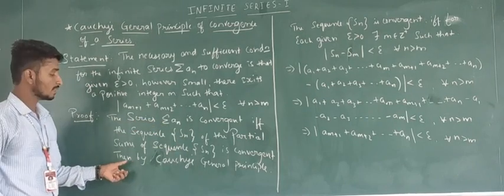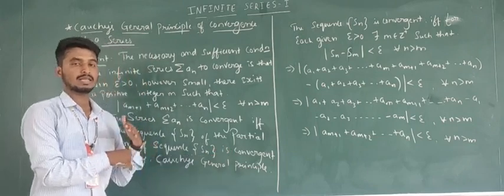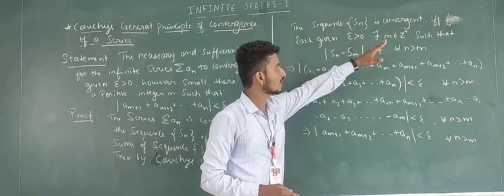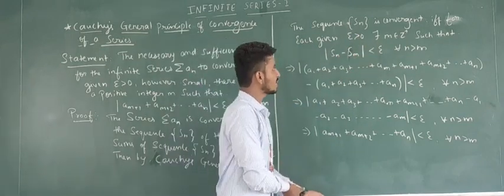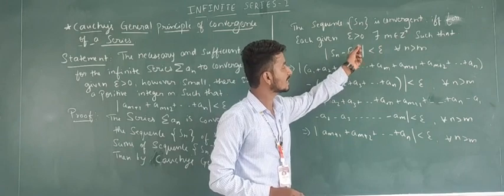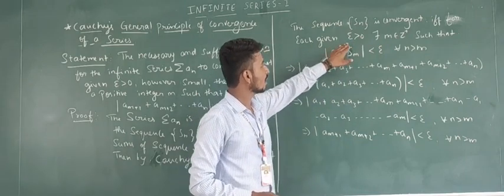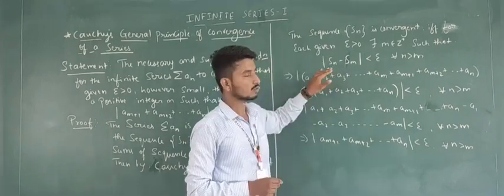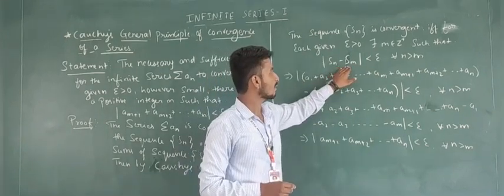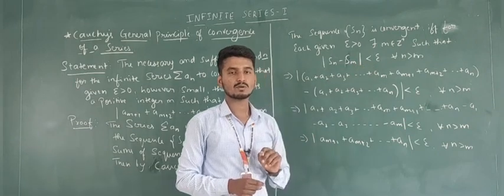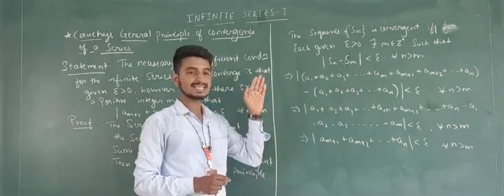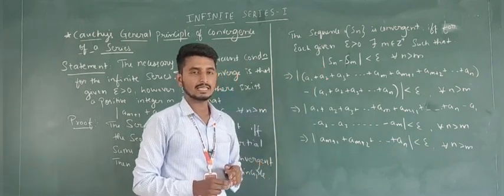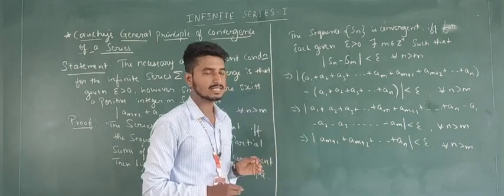Then by Cauchy's general principle, the sequence Sn is convergent if and only if for each given epsilon greater than 0 there exists a positive integer m such that the modulus of Sn minus Sm is less than epsilon for all n greater than m.